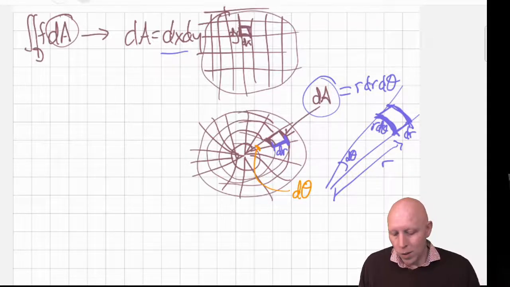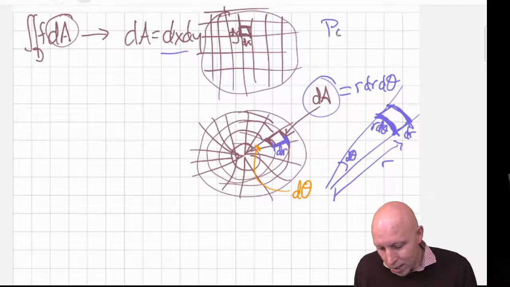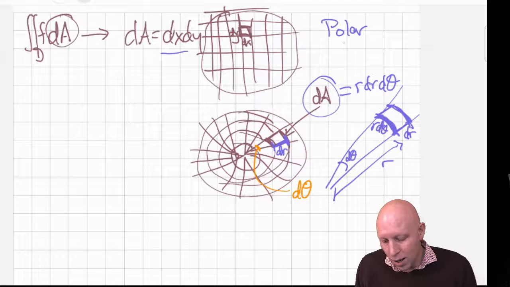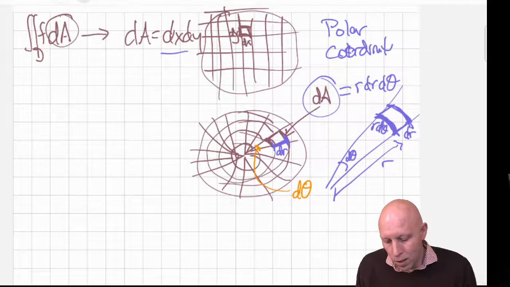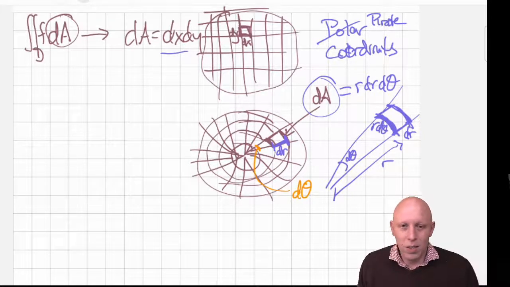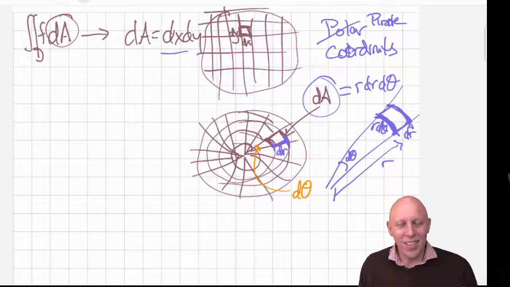I like to make the joke that polar coordinates aren't actually polar coordinates, they're pirate coordinates. Because instead of writing dx dy, you write r d theta. So you should practice saying that in your head, r d theta.